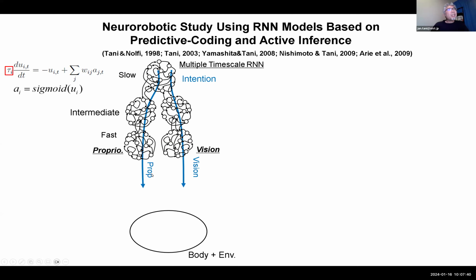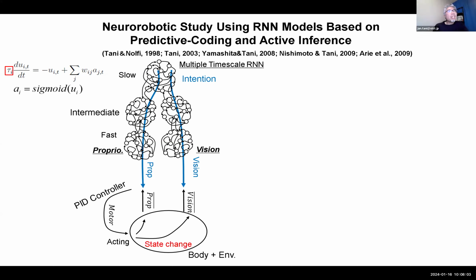The predicted proprioception, that joint angle, is fed into a controller, like a PID controller, as a target. Then it converts to motor torque and acts on the environment. And then you get the actual sensation of proprioception and vision, and then you get the error.